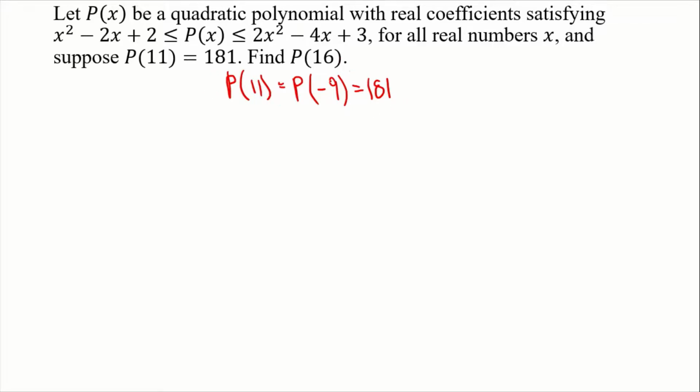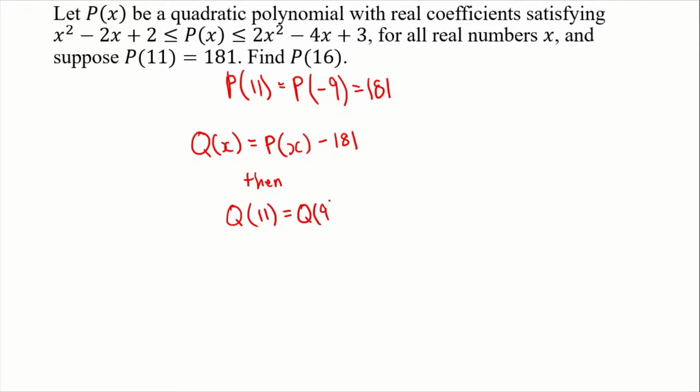In fact, let's look at the polynomial q of x, and let's say this polynomial is equal to p of x minus 181. Then we have q of 11 is going to equal q of -9 is going to equal 0.